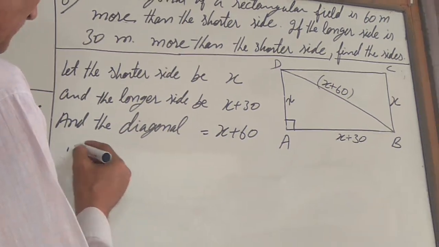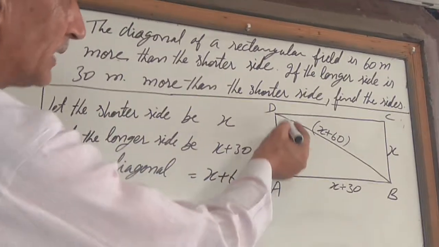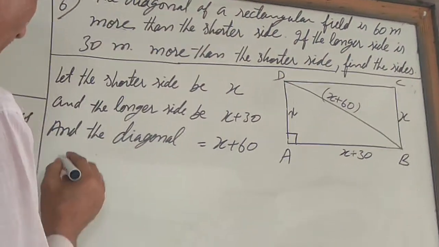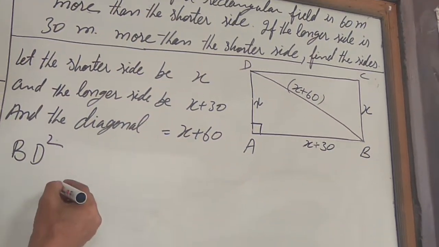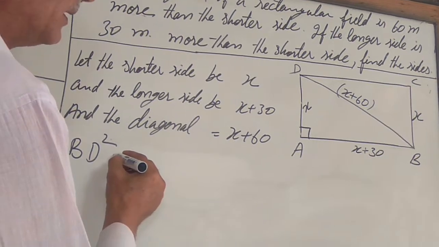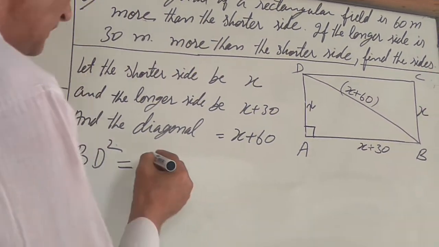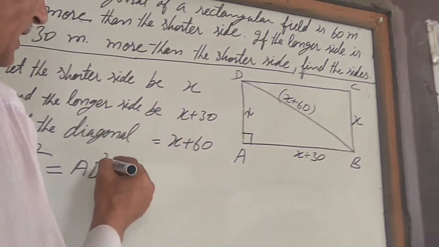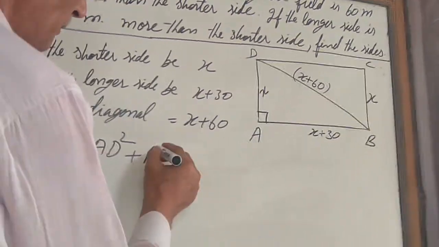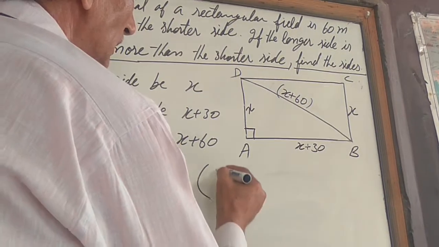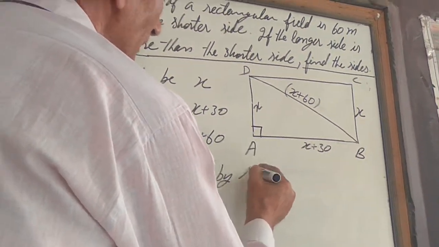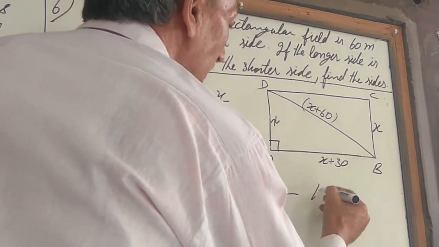we take this BD square is equal to AD square plus AB square. How? By Pythagoras theorem.